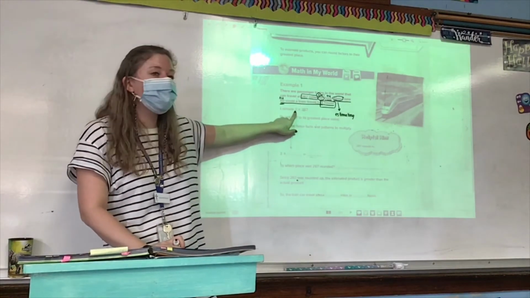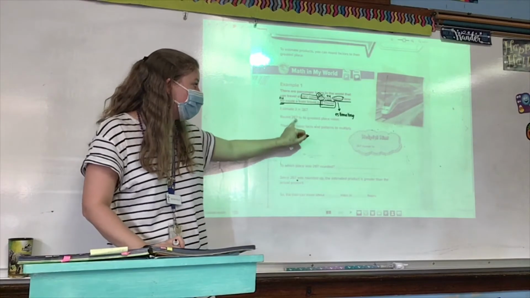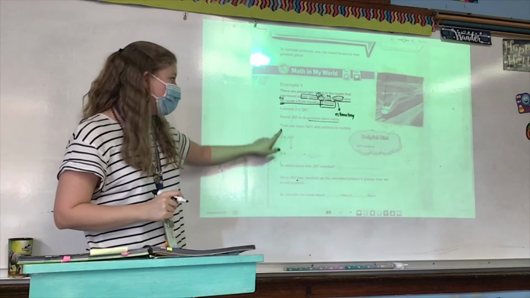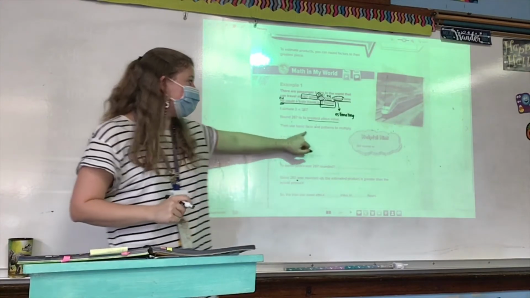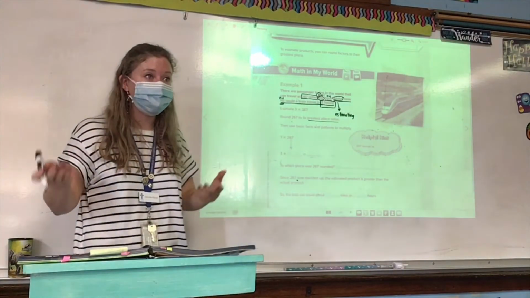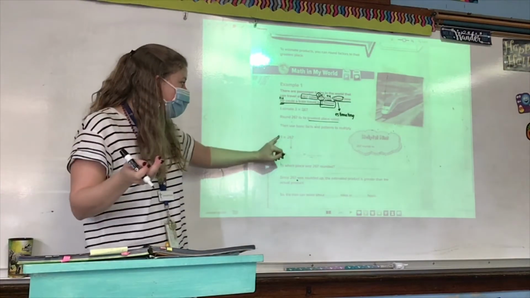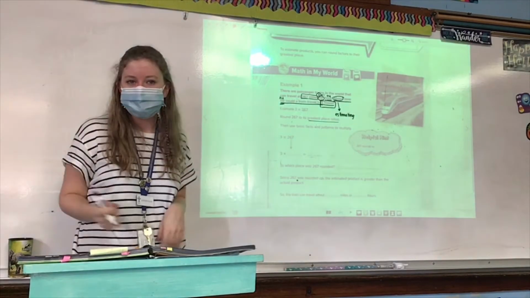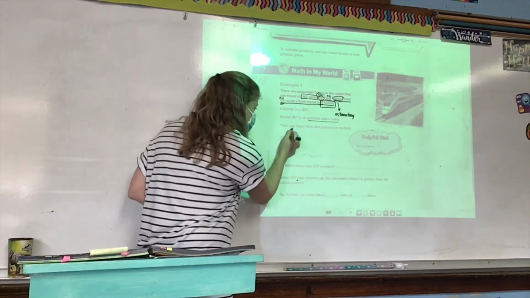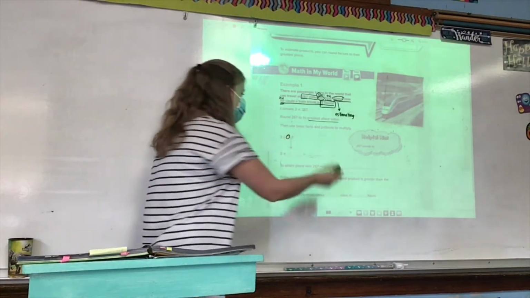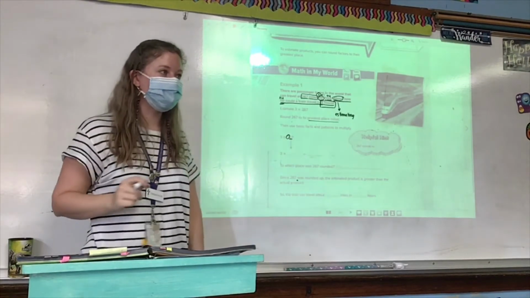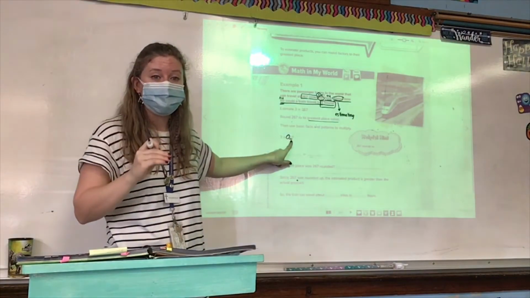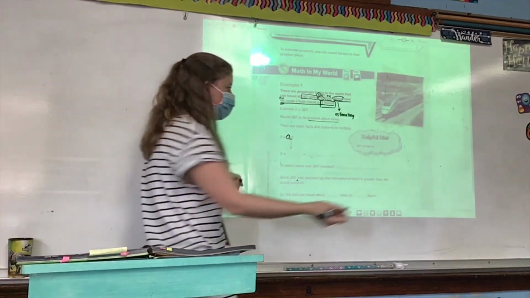So we're going to be taking the larger number and rounding it. Instead of rounding the smaller number, we're going to take the larger number and round it to its greatest place value. Then we're just going to use basic facts and patterns to multiply, which is exactly what we did yesterday. So we need to round 267. Step 1, circle the digit in the place to be rounded. Step 2, underline the digit to the right. Step 3, 6 is 5 or more, which means we add 1 to the circled digit.